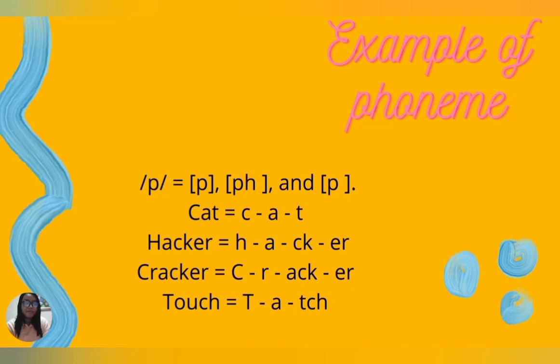It is the example of phoneme, so it is the letter P. It can be read p, ph, and p. And this is the word cat. It can be k, a, t.